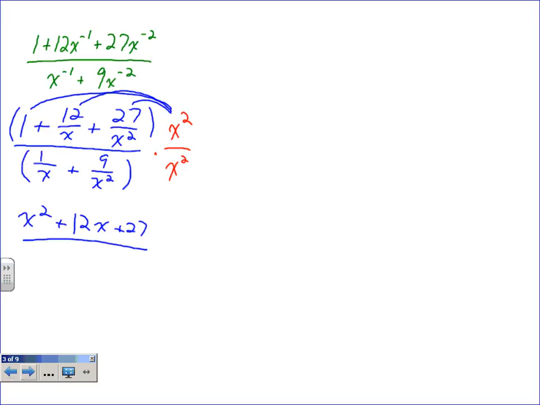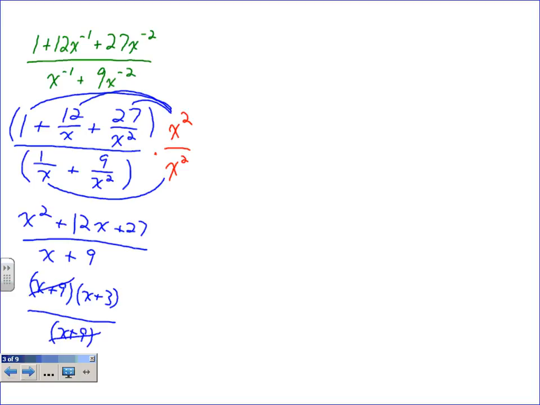And we do the same at the bottom. 1 over x times x squared gives me x plus what? 9. Yes. Much simpler problem now. I factor the top, x plus 9, x plus 3, over the x plus 9. My answer? x plus 3.